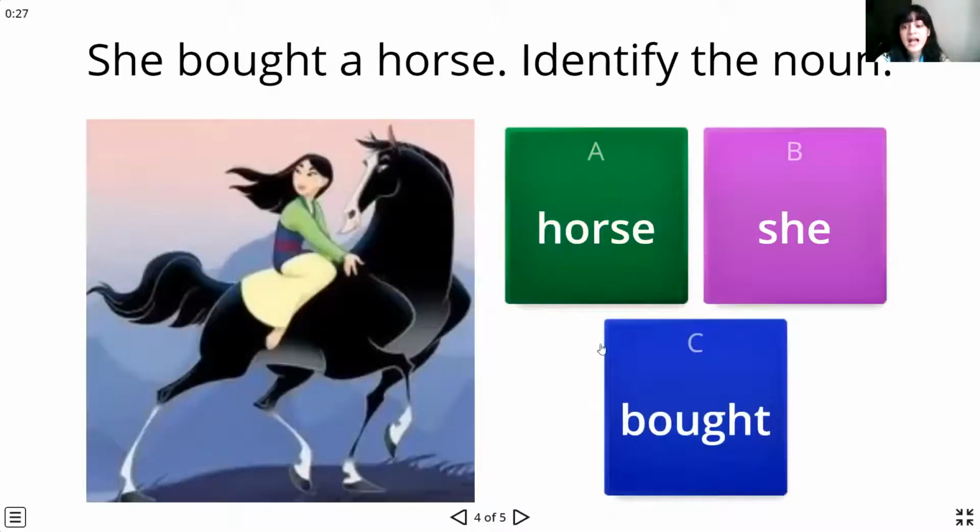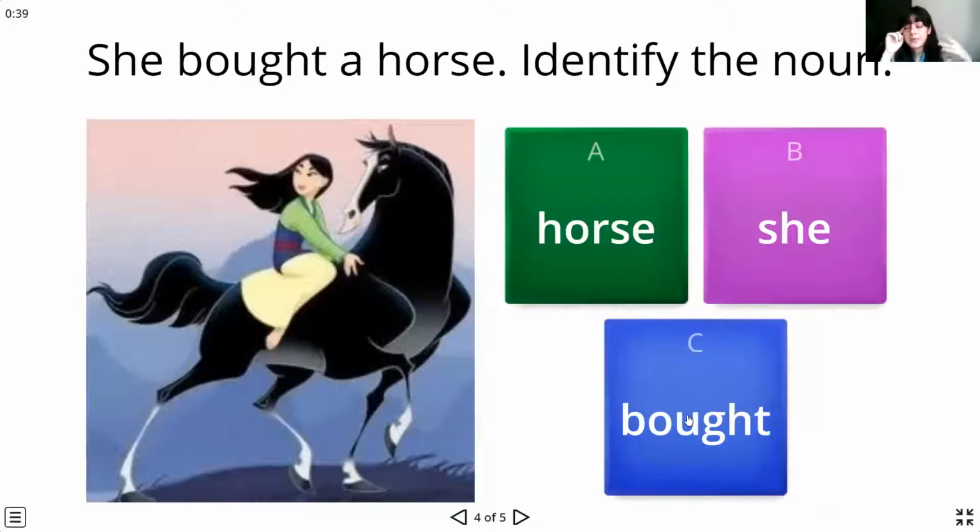She bought a horse. Identify the noun. A horse, she, or bought. What is a noun? A noun is a naming word, right? So it can be the name of a person, like Mulan, or Raj, or Hansika, or Harshini, or Yavika.